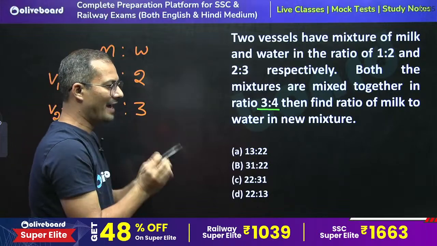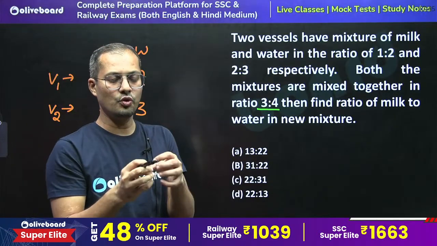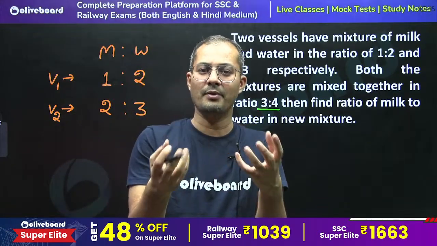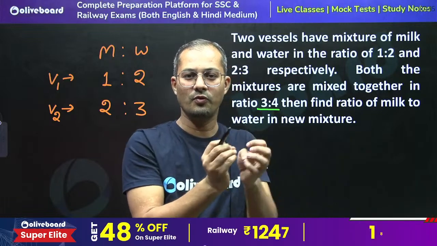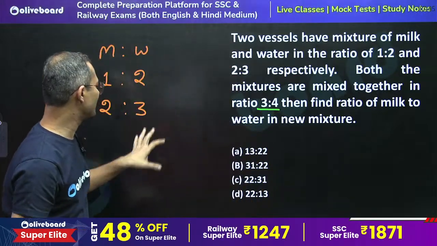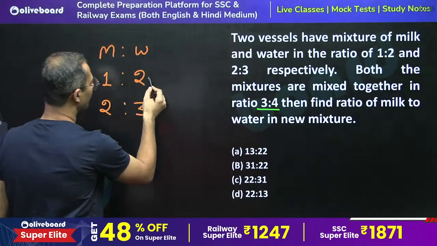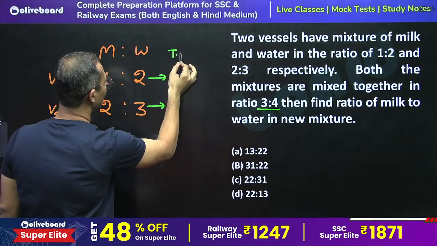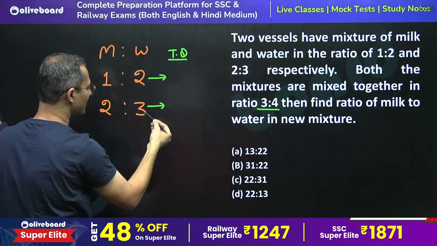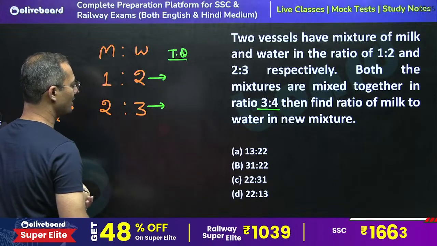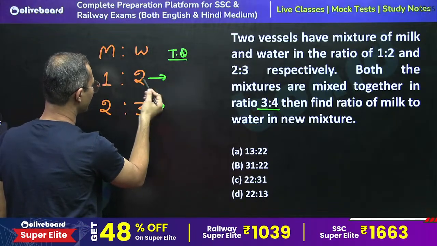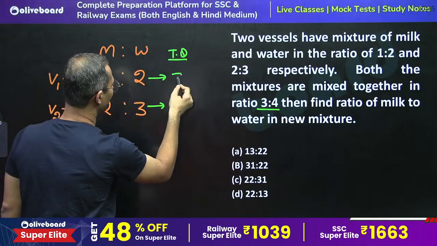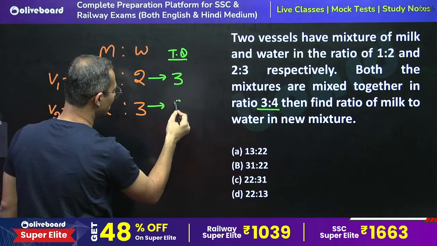See, when we have to mix two types of mixture, or more than two types, in a particular ratio, what do we need to do? The first step is to check whether the total quantity of each given mixture is the same or not. Here the total quantity in the first vessel is 3 units and in the second it is 5.